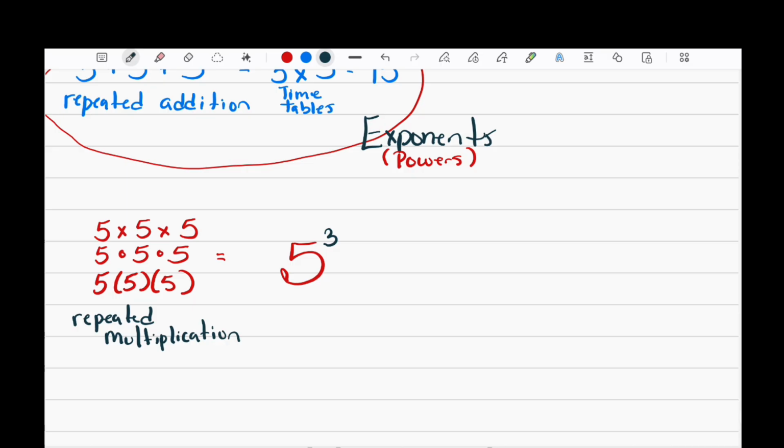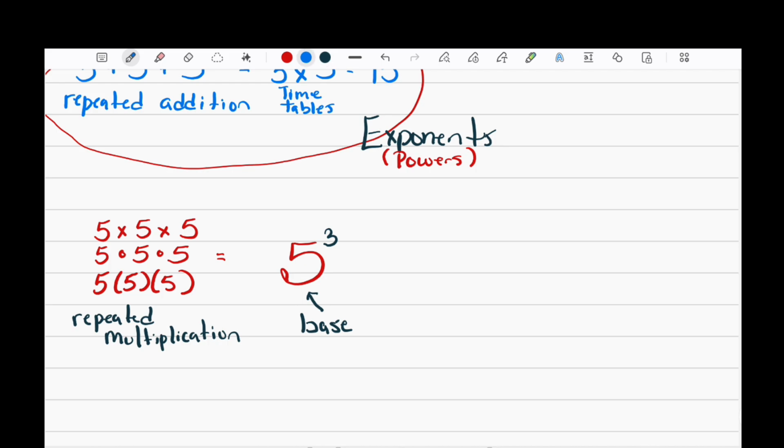The big number is the number you see being repeated. That is called your, anybody know? Start with a B. Base. There you go. That's called your base. That's the number you see being multiplied over and over again. That's the repeated factor.